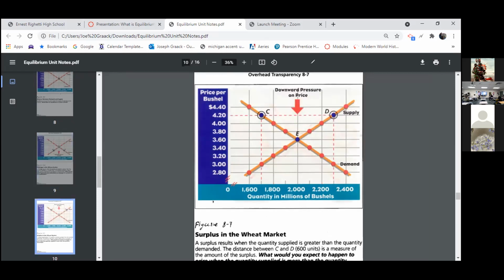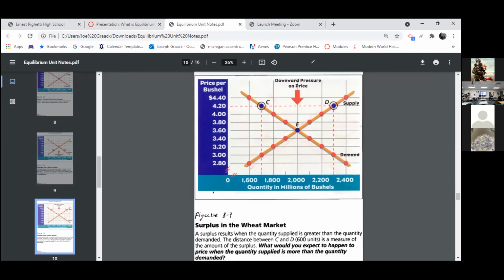In an area of surplus, if you take the line CD, of course, the price is going down. There is a surplus from 2,300 million bushels to 1,700 million bushels. So there's a surplus of 600 million bushels. Before the bushels of whatever it is, corn, wheat, what have you, goes bad, they're going to drop the price and try to sell it.